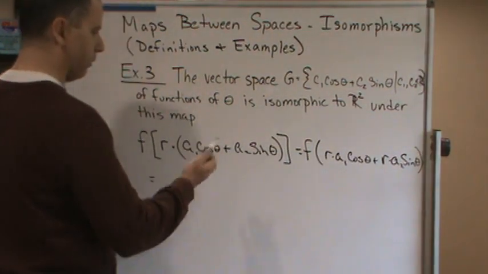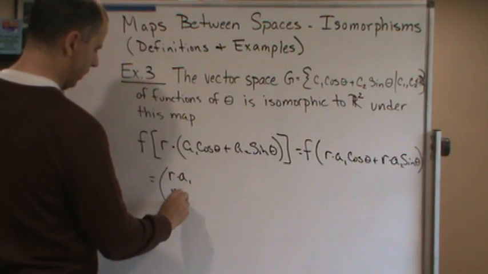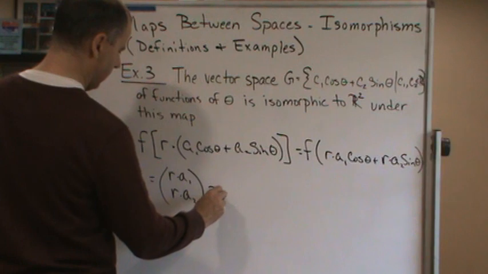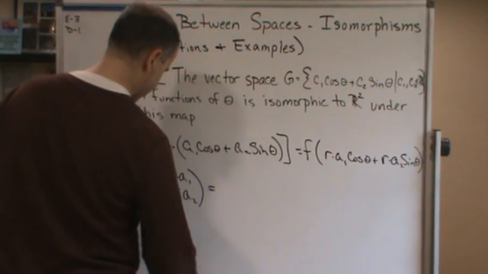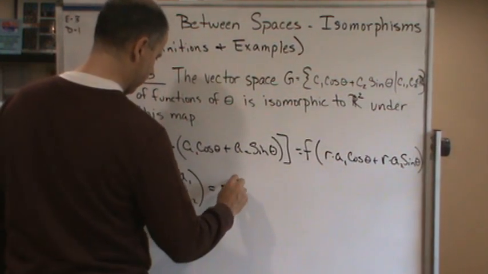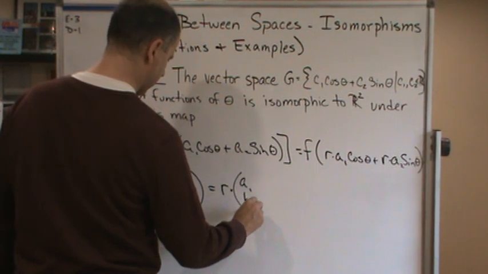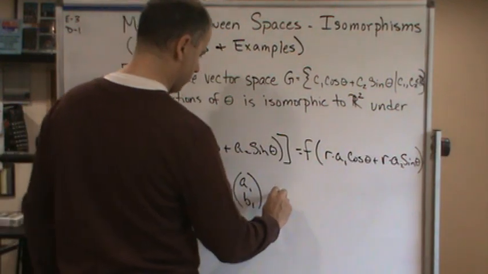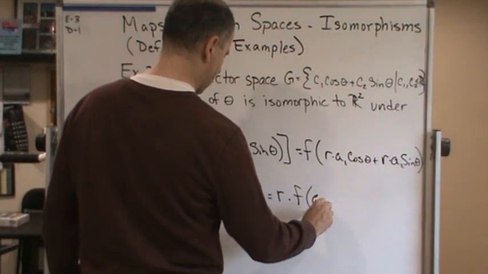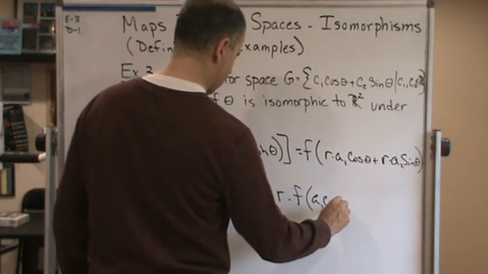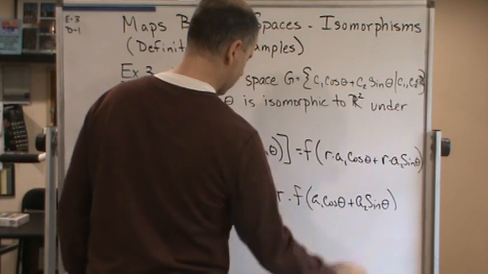Now we're going to do the mapping, that's going to be r times A1, r times A2, and again we can pull out the r, which is equal to our final answer, which is going to be r times f of A1 cosine theta plus A2 sine theta.